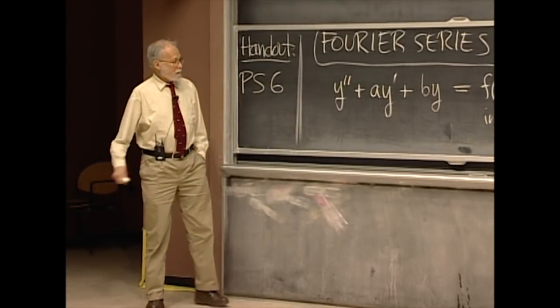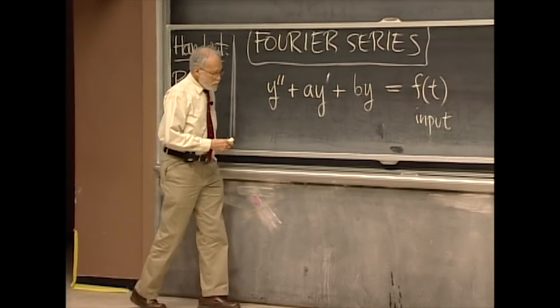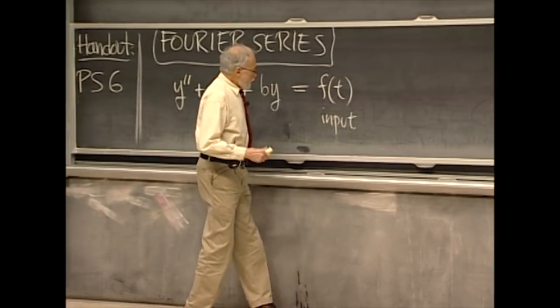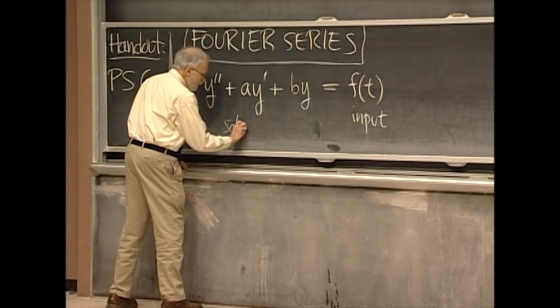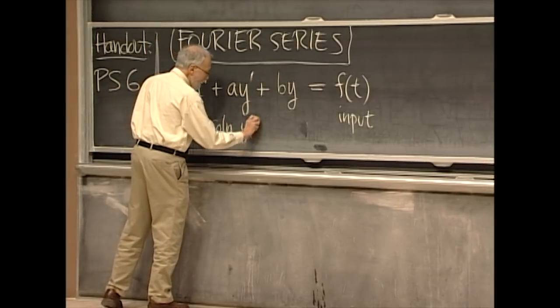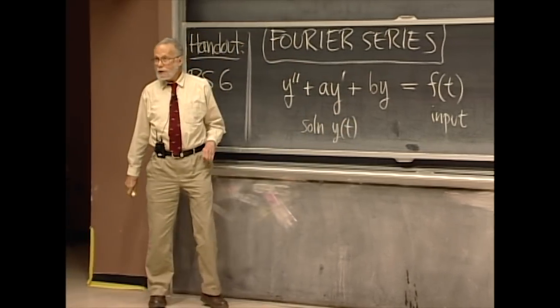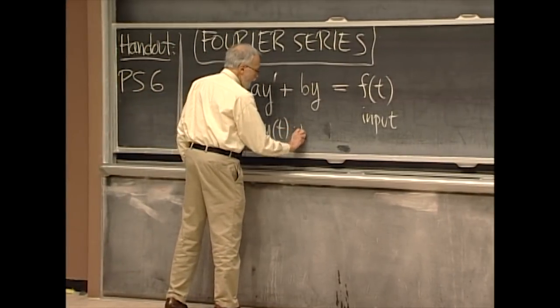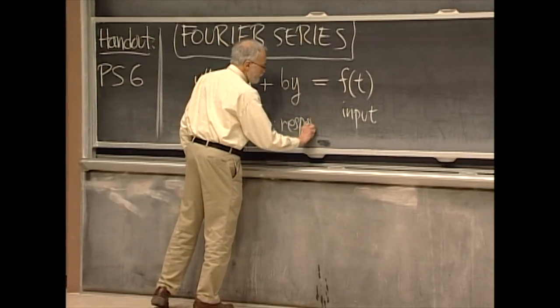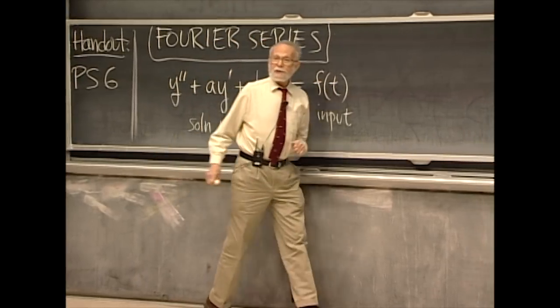And so far, the response is the solution y of t, maybe with some given initial conditions to pick out a special one, we call the response to that particular input.